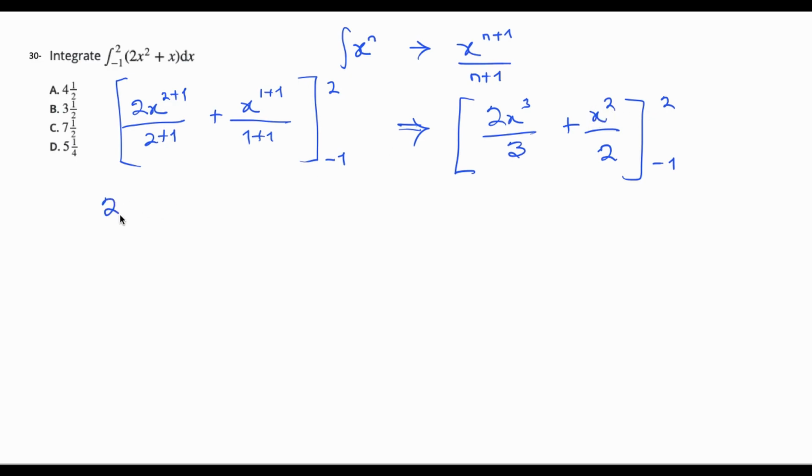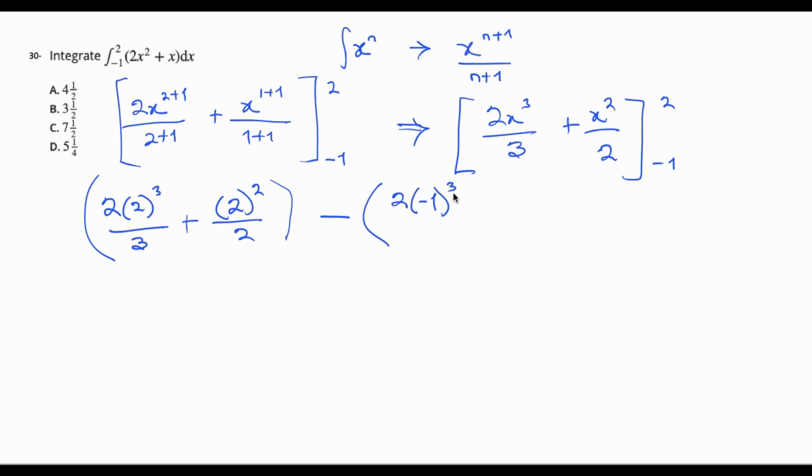So we have 2 multiplied by 2 raised to power 3 divided by 3 plus 2 raised to power 2 divided by 2. And then we subtract this from the expression of our lower limits, which is going to be 2 multiplied by minus 1 raised to power 3 over 3 plus minus 1 squared over 2.